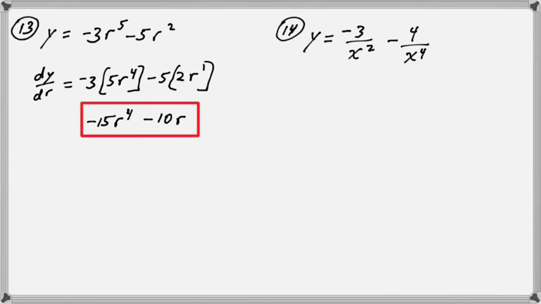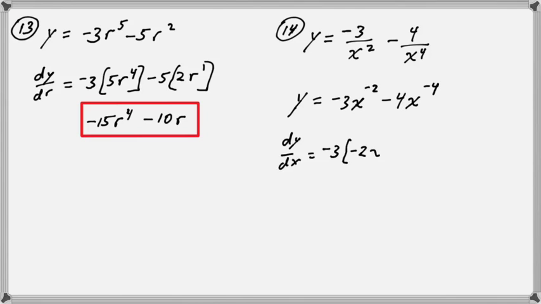On 14, I'm going to rewrite it before I take the derivative. Negative 3x to the negative 2 minus 4x to the negative 4. All I did was move the variables and change the sign on the exponent. So now you're going to find its derivative. Keep the negative 3 out, power times base to 1 less power.